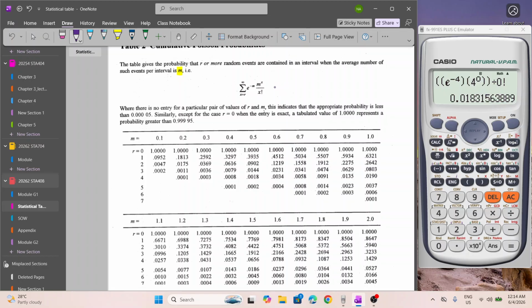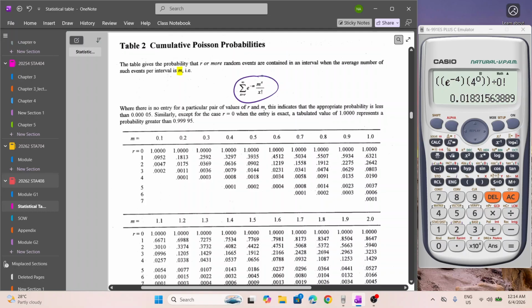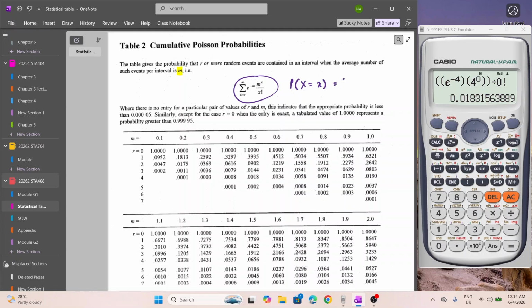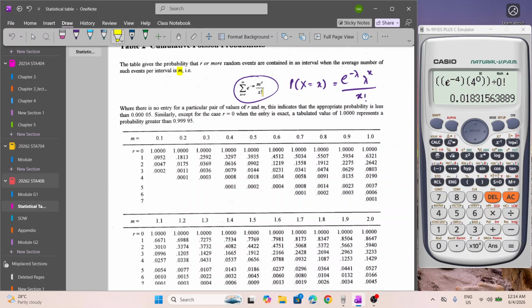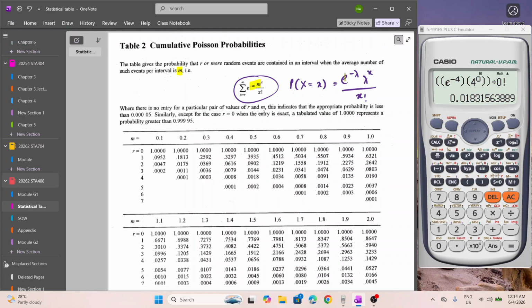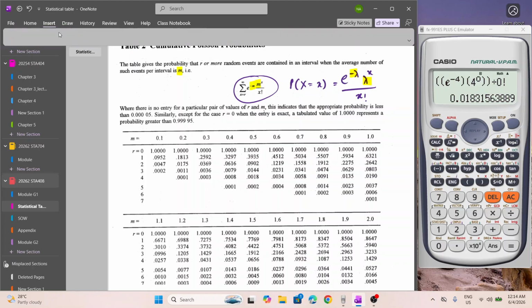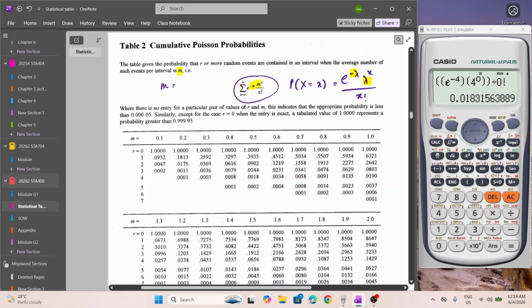If you compare this formula with our module, probability of x, lambda to the power of x over x factorial, see the similarity of the two. Therefore m here is equal to lambda.